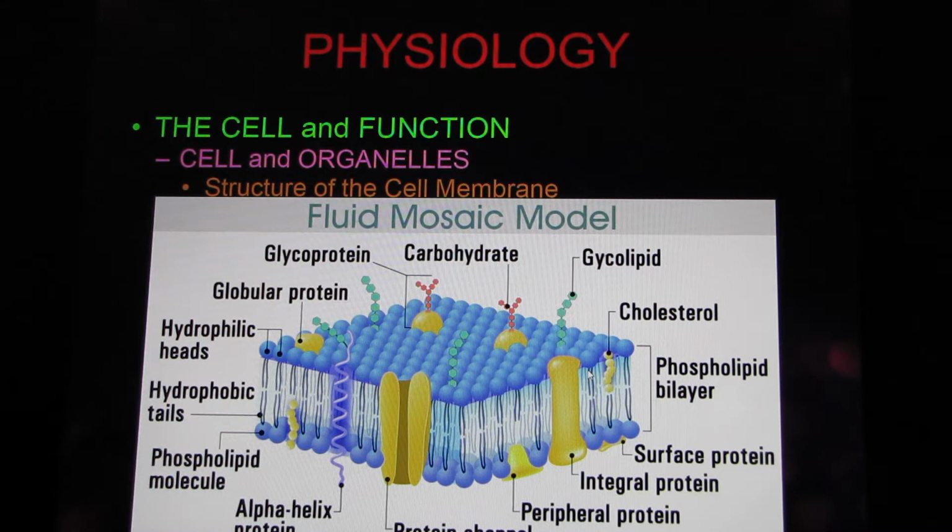As you can see, cholesterol is always present in the cell membrane, and peripheral proteins and protein channels, which also enable the transport of certain materials that we will be talking about in the coming future.